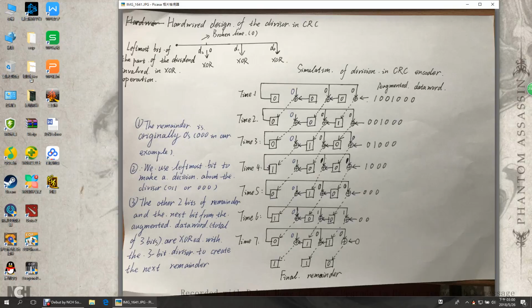And in the augmented data word, we need instead to shift the bits of the augmented data word to the left, in the opposite direction, so we can look at this figure, and in this case we can see it clearly.